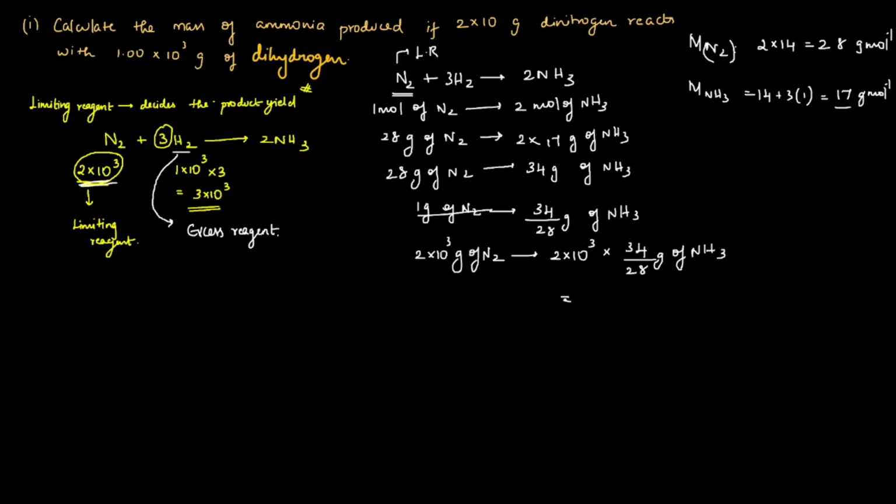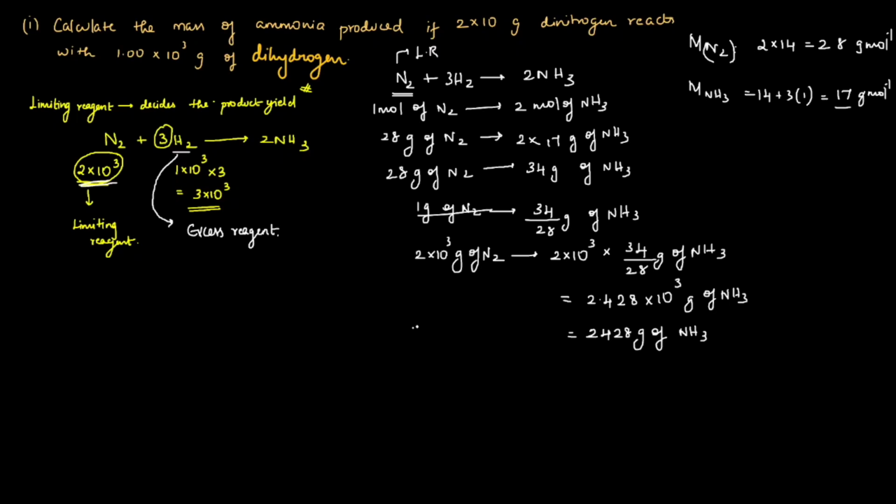On calculating using the calculator, we'll get the value of 2 into 10 power 3 into 34 by 28 grams as 2.428 into 10 power 3 grams of ammonia. 2.428 into 10 power 3 can be written as 2428 grams of ammonia.